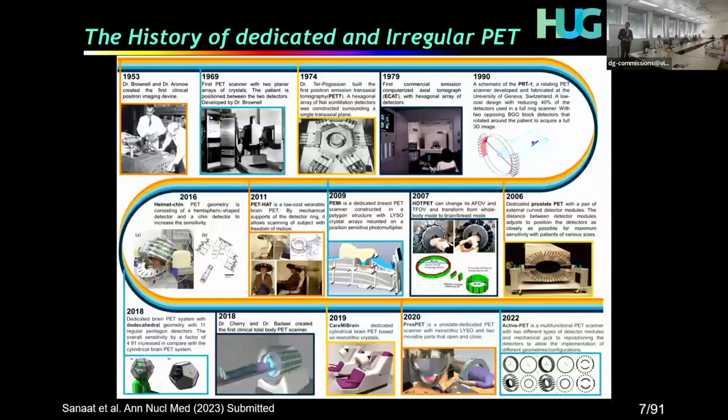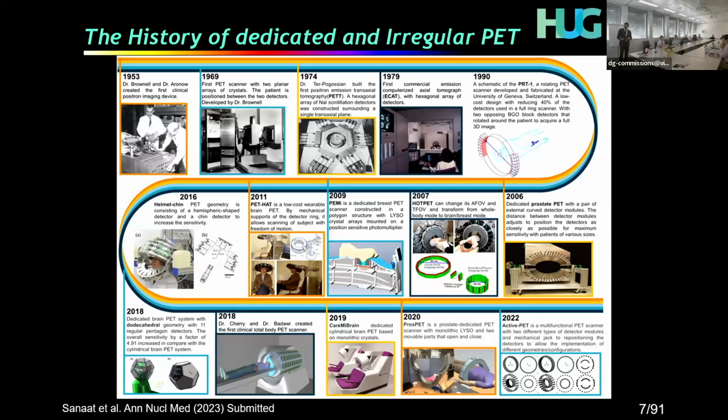So here you can see a history of dedicated and irregular PET scanners. There are plenty of nice designs. For example, this design, PRT, which was developed in 1990 in our university, which is a partial scanner. Or very fancy designs like this helmet-chain and PET hat, which have an interesting design with high geometry coverage.